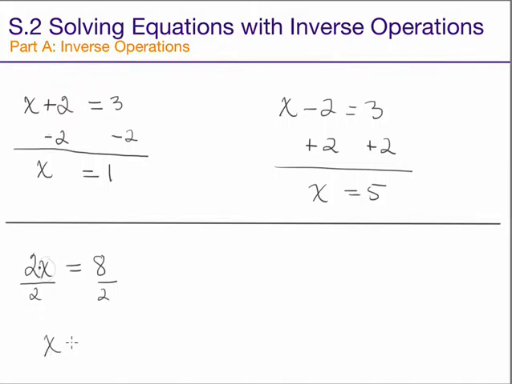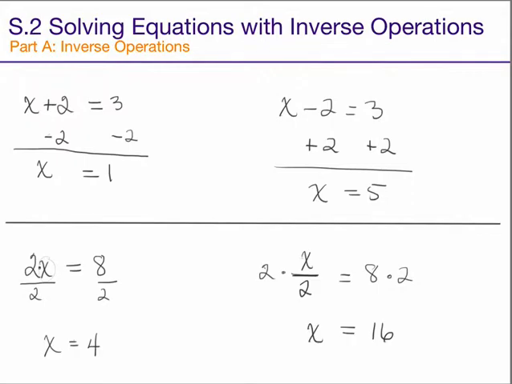I've taken x, multiplied it by 2, turned right around, and divided it by 2. The inverse of division by 2 is multiplication by 2. Dividing x by 2 and turning right around and multiplying it by 2 just returns x.